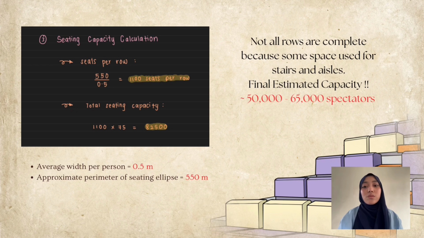However, not all rows are fully occupied due to the presence of the stairways and the aisles. After accounting for the structural features, the final estimated seating capacity is approximately 50,000 to 65,000 spectators, which aligns with historical records of the Colosseum's capacity.